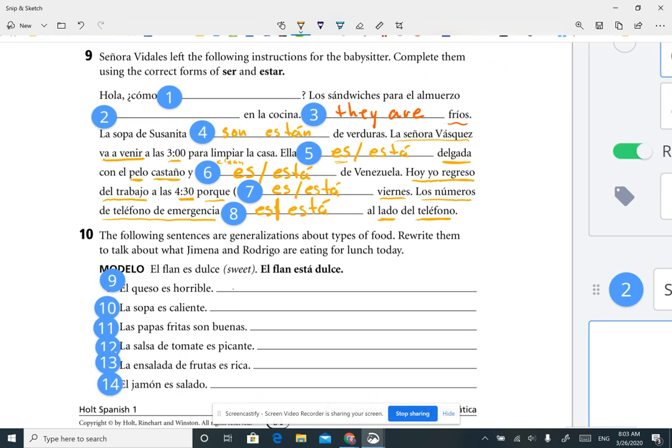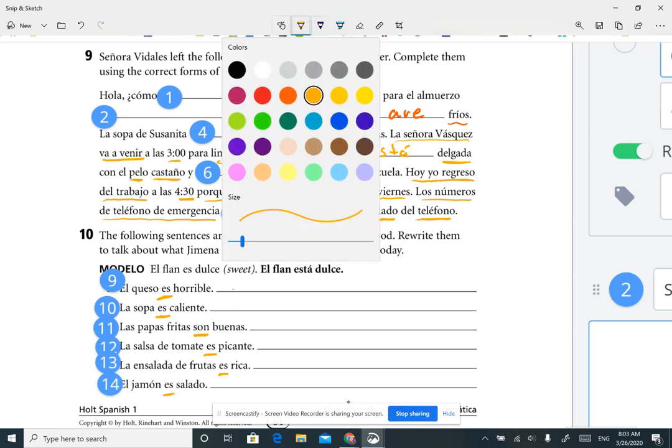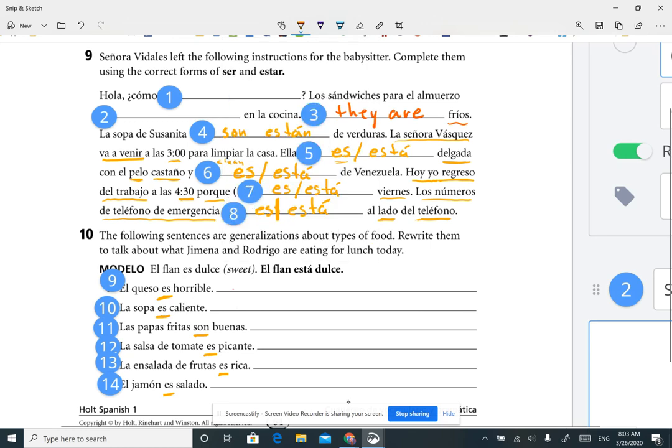So here on this section down below, we have the verbs es and son. What we're going to do is switch the verb that I've highlighted here to an estar verb. In the first example, it says el queso es horrible. So cheese is horrible, just in general, cheese is a horrible thing.